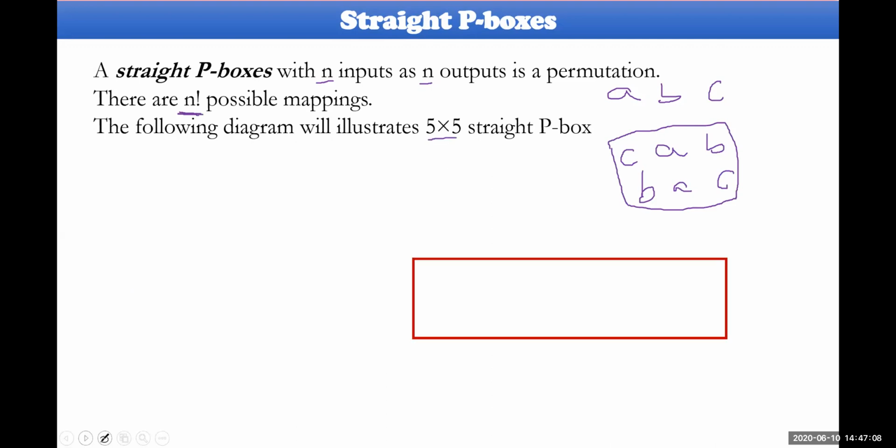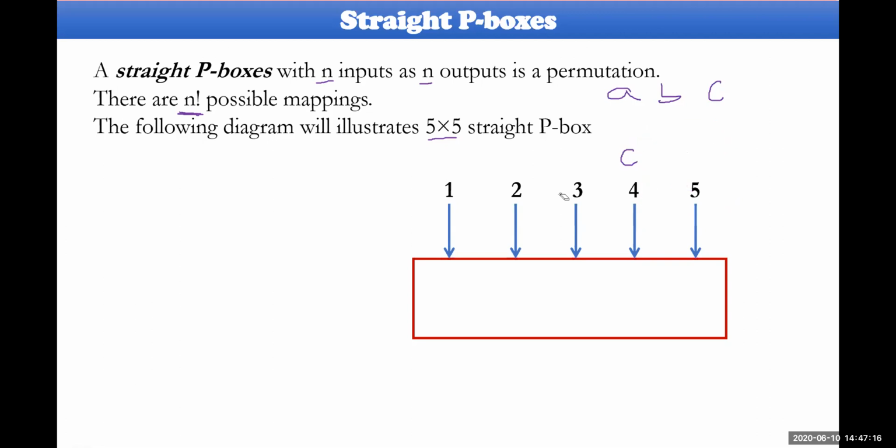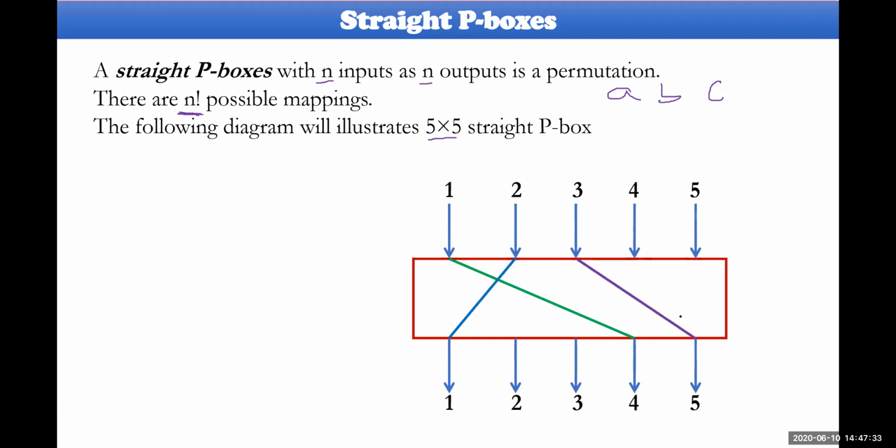For example, this is the P box, and you have 5 inputs, which will be connected to 5 outputs. How could the connections happen here? 1 will be redirected to 4, 2 will be redirected to 1, 3 will be redirected to 5, 4 will be redirected to 3, and 5 will be redirected to 2.